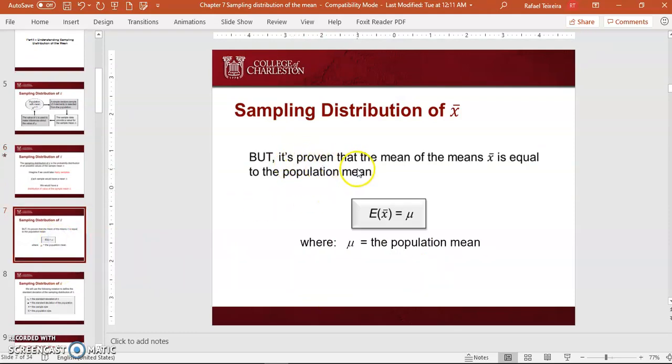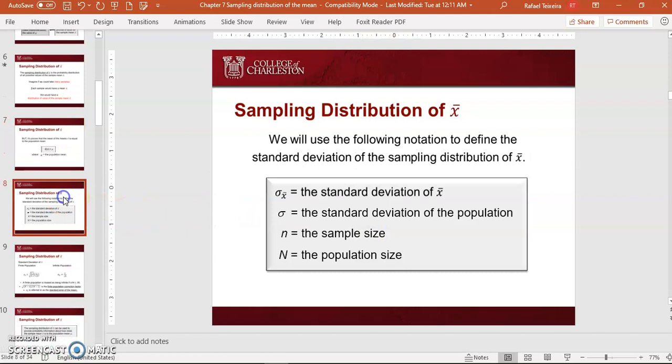Also, we know that the expected value of the sample mean is equal to the population mean. This is proven by statistics. Also, we'll be using the following notation to define the standard deviation of the sample mean. This is sigma x bar.